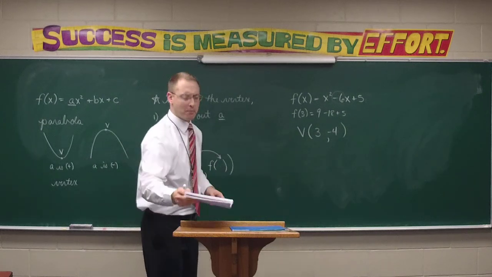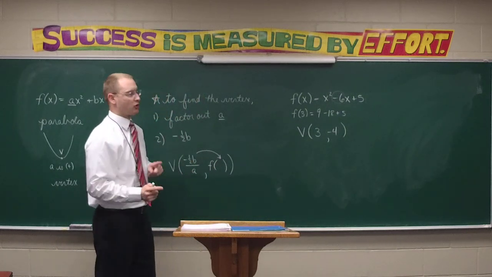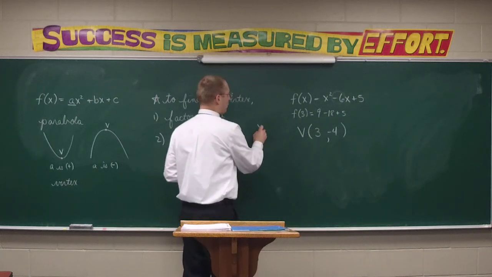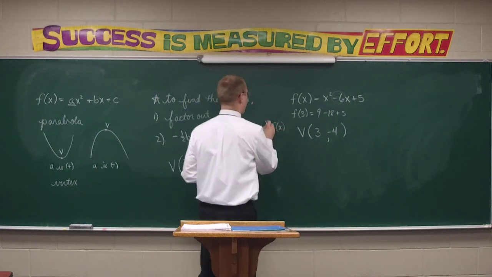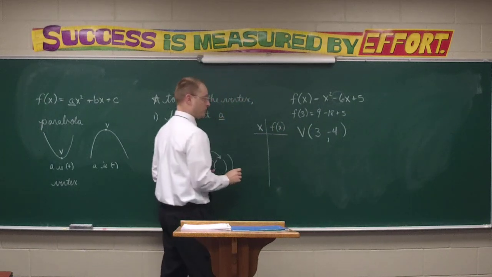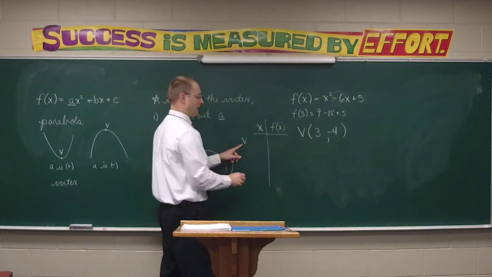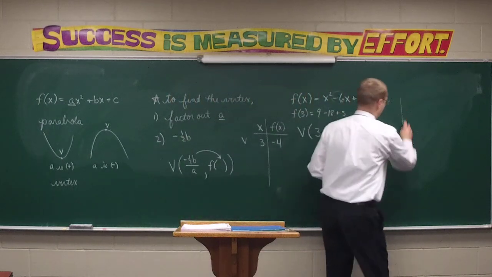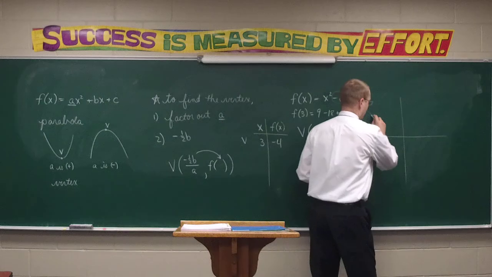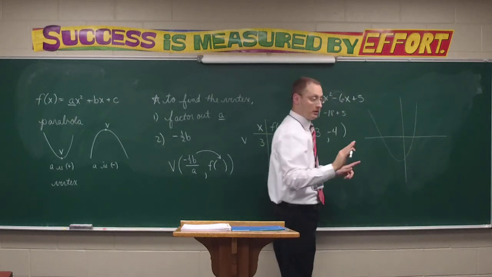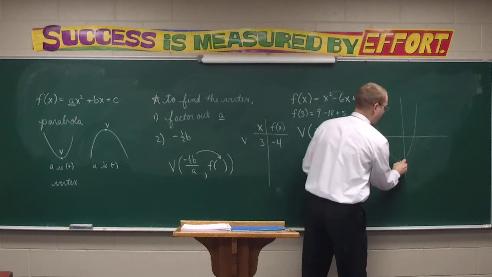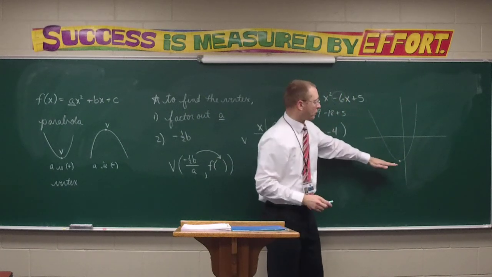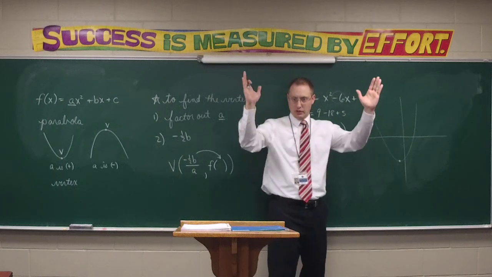Now, how do I apply this to, for instance, graphing the parabola? Well, I want you to consider if we were to set up an x, f of x table, I'm going to put the vertex as my lead point, 3, negative 4. But consider this for a moment. In a parabola, you're going to start here with a point, but the parabola is going to open up symmetrically, isn't it?